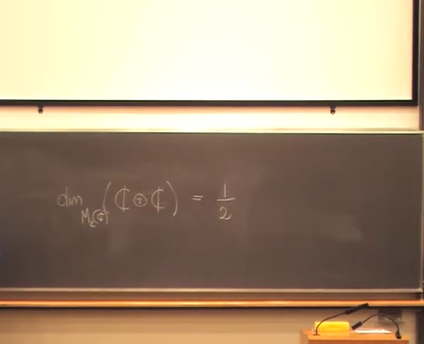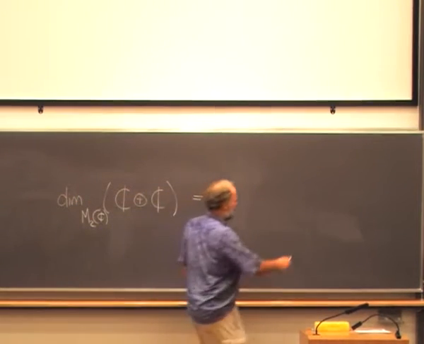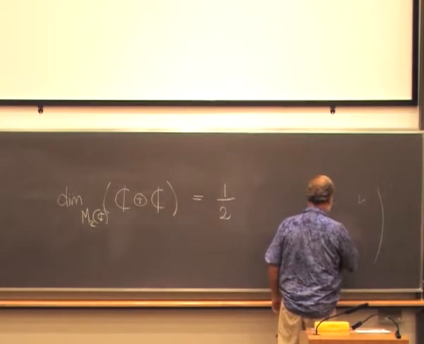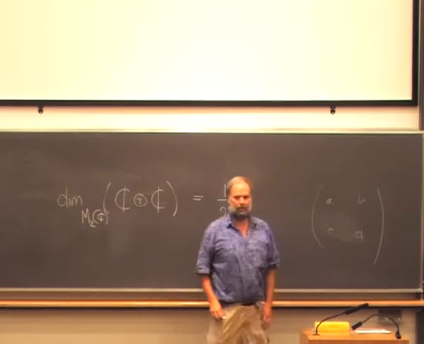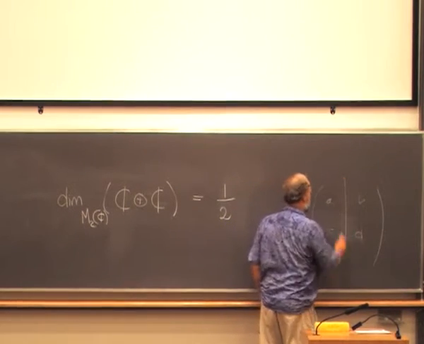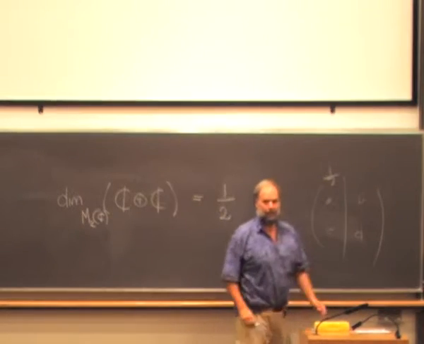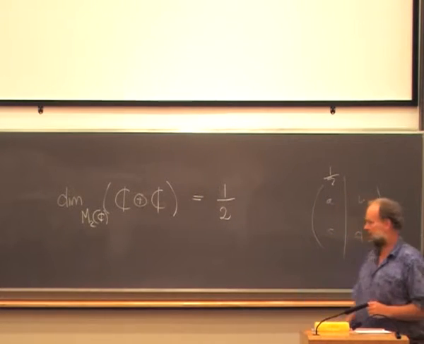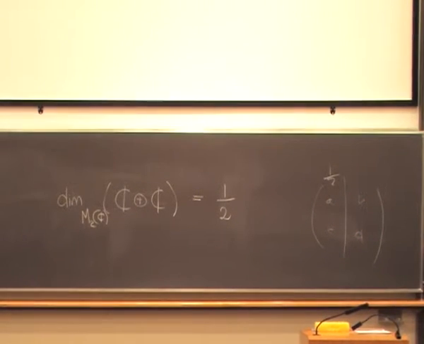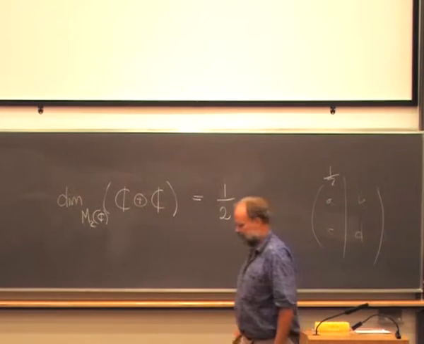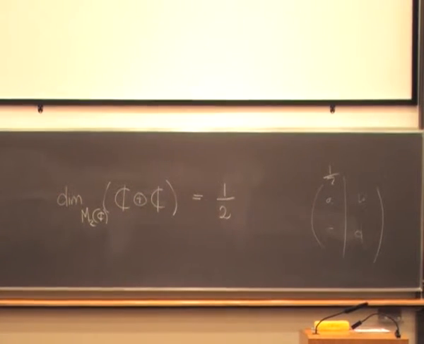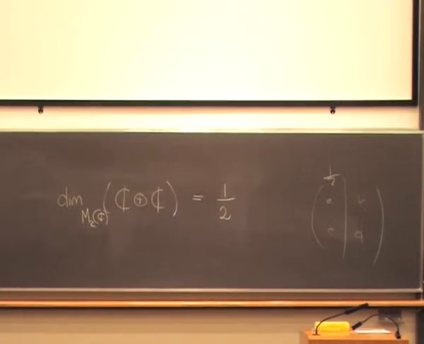Because here are the 2x2 matrices of the complex numbers. We split them in half, we get C2. So that is the logic according to which we come up with the answer of 1/2, and it's a perfectly fine answer.